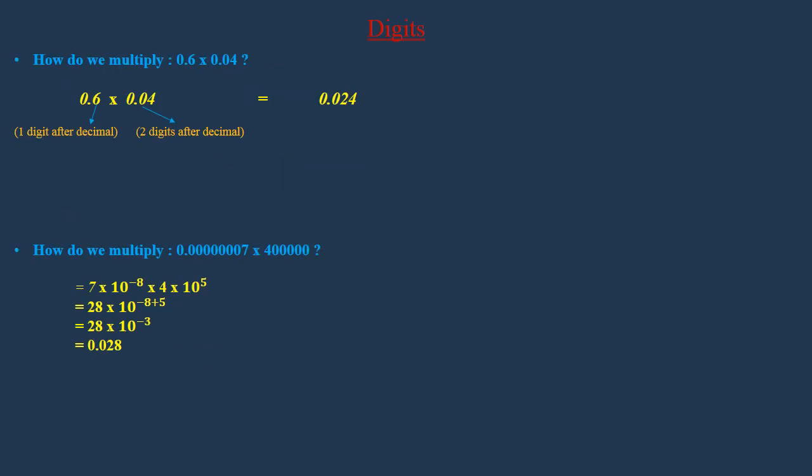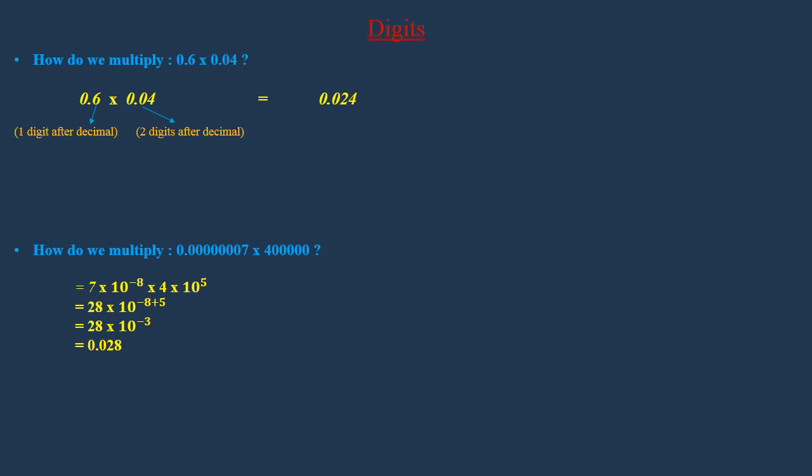How do we multiply 0.6 with 0.04? Let us ignore the decimal and multiply 6 with 4. 6 times 4 is 24. Now let us count the digits after the decimal point of each decimal fraction. 0.6 has one digit after the decimal point and 0.04 has two digits after the decimal point.